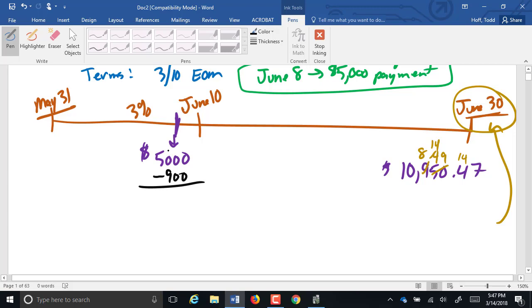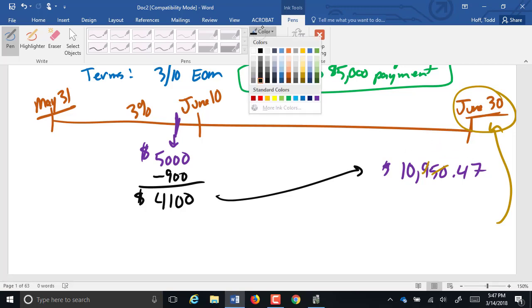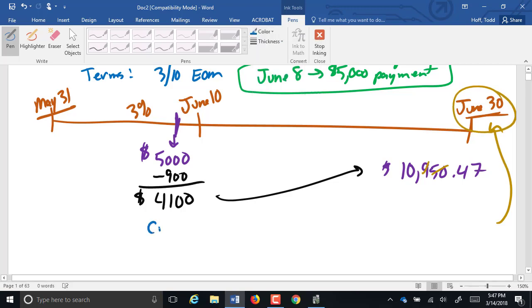So that has to come out of the $5,000 payment first. So only 4,100 gets applied towards that invoiced amount. But we still have to give them the discount on that 4,100. So the credit times that 0.97 equals the payment not of 5,000 but of 4,100.